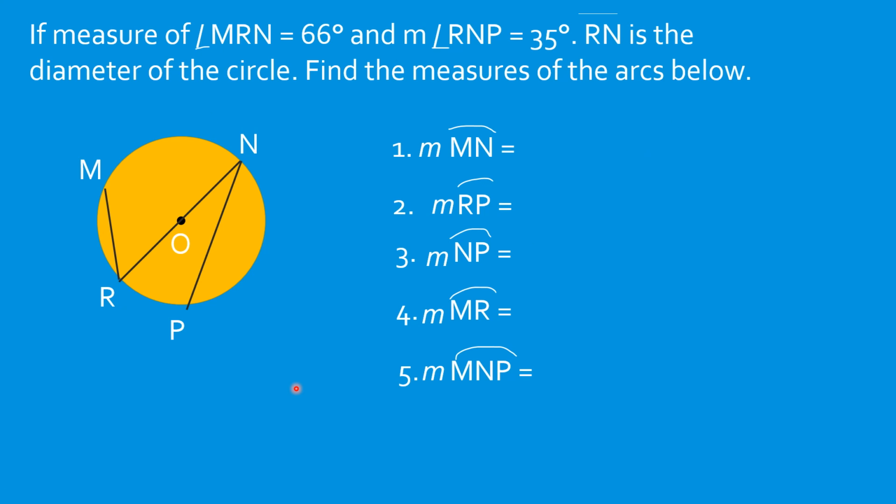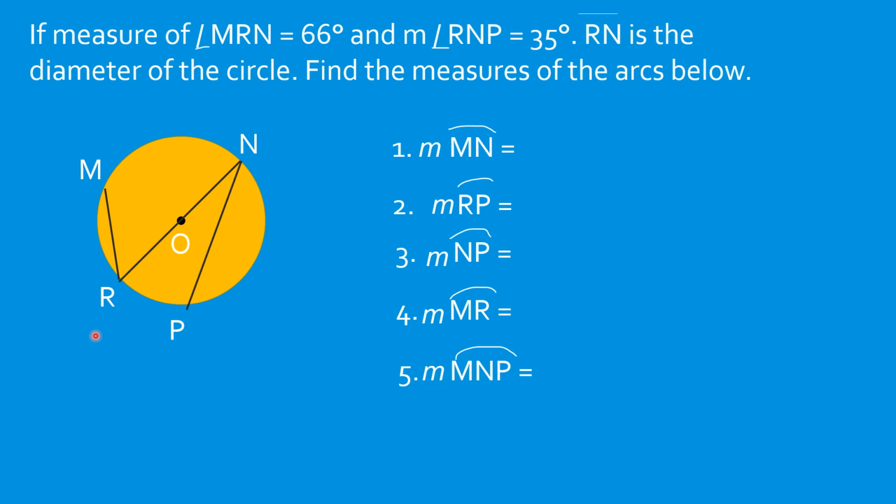Okay, so this time, let's have the given angles. We are going to find the arc measurements. Now, the measure of angle MRN is equal to 66 degrees, and the measure of angle RNP is 35 degrees.